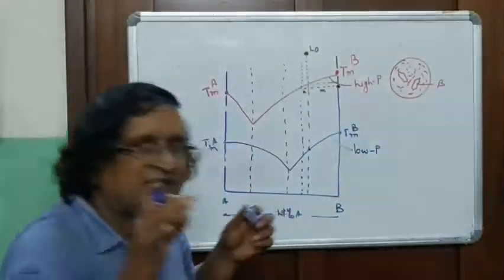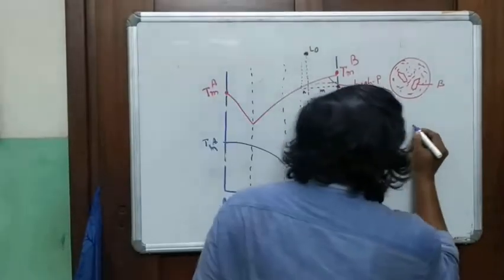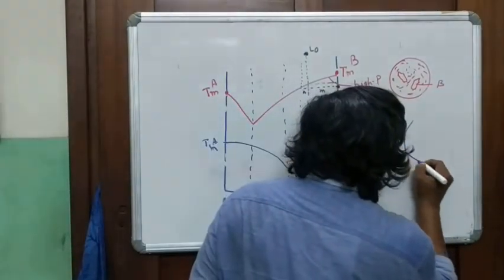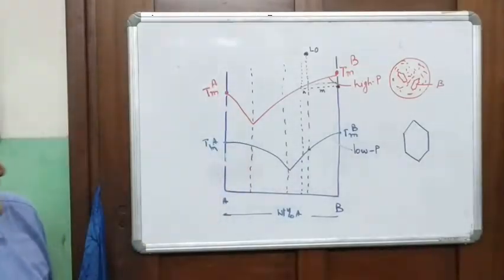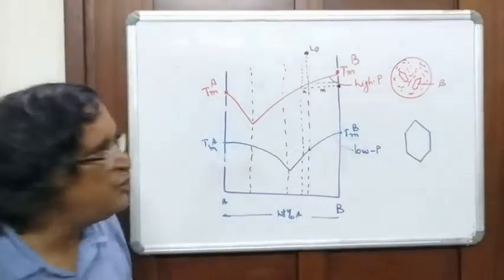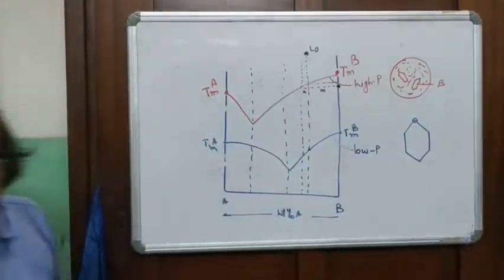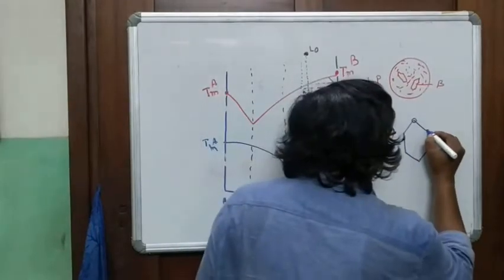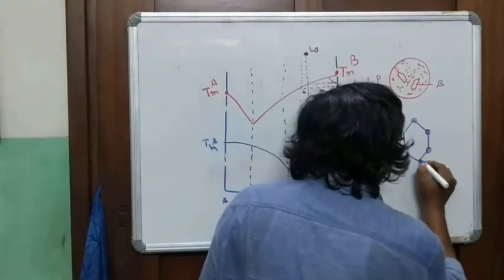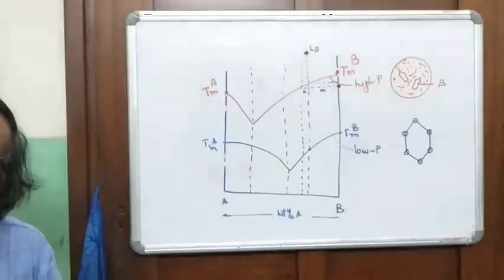Now, when this remelting occurs, if you take a crystal, the first things that go into the melt are the corners, because of high surface energy. Have you understood?